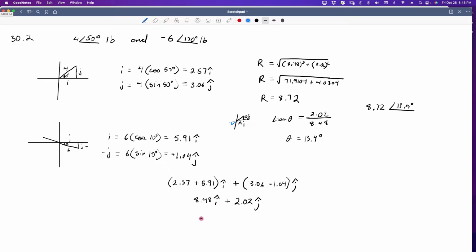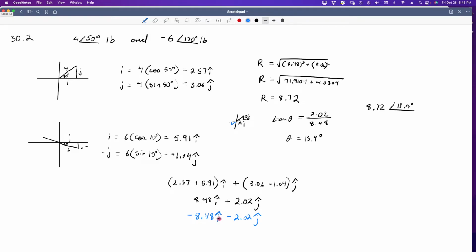So we would rewrite the equilibrant as negative 8.48 I minus, sorry, I don't know why I said plus. I knew it was the opposite. Minus 2.02 J. So the equilibrant is just the one on the opposite side of the quadrant from the resultant vector that we came up with.